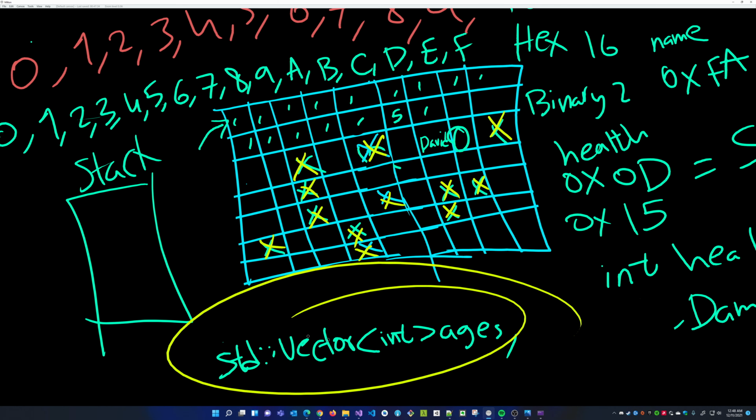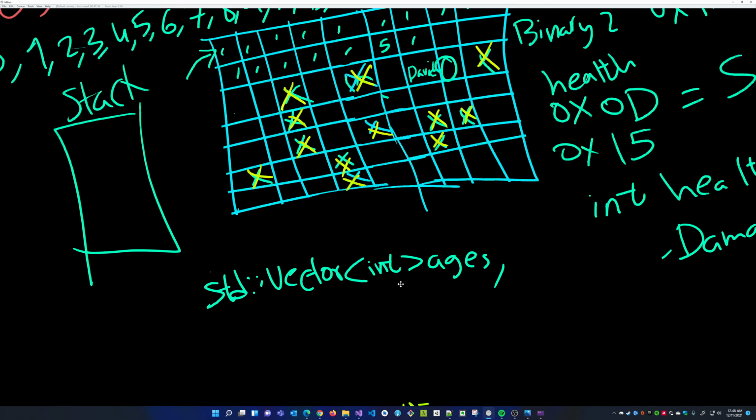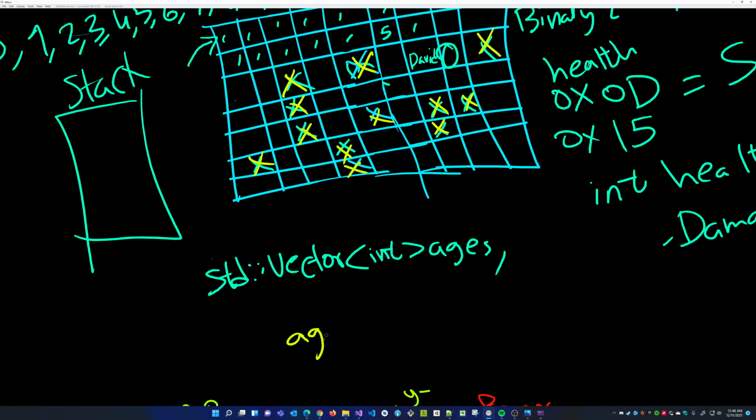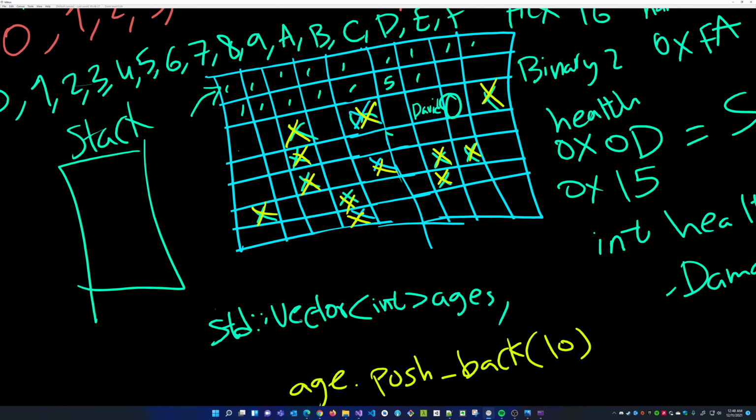So whenever I do this, and I add an element to it, so I say age dot pushback the value 10, right? How this works, it's going to be like, okay, he wants me to add the value 10.